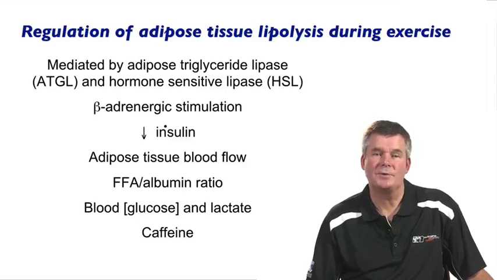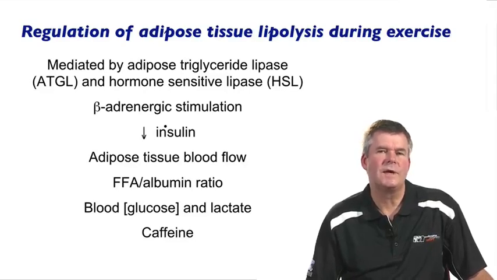The decrease in plasma insulin, which is important for the mobilization of liver glucose, is also important for the mobilization of fatty acids. And insulin is known to have potent anti-lipolytic effects, and so its reduction during exercise is important in allowing a normal increase in free fatty acid mobilization.